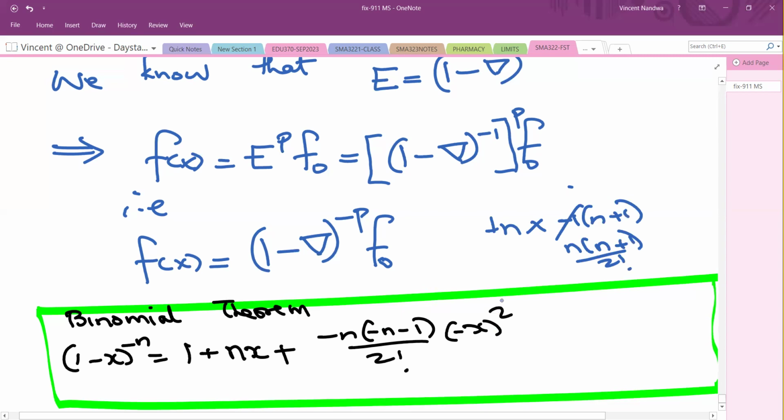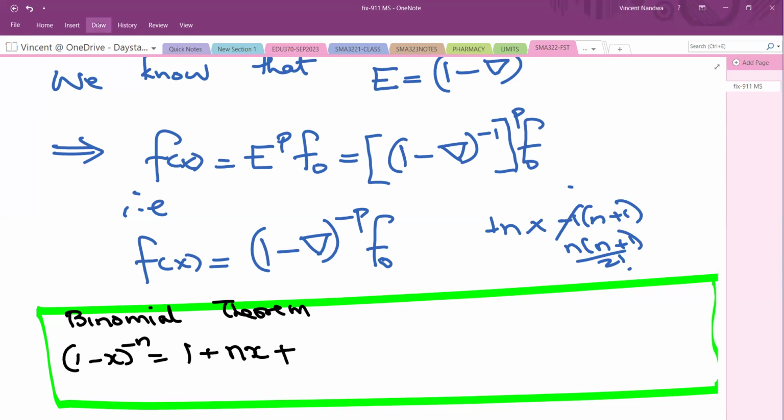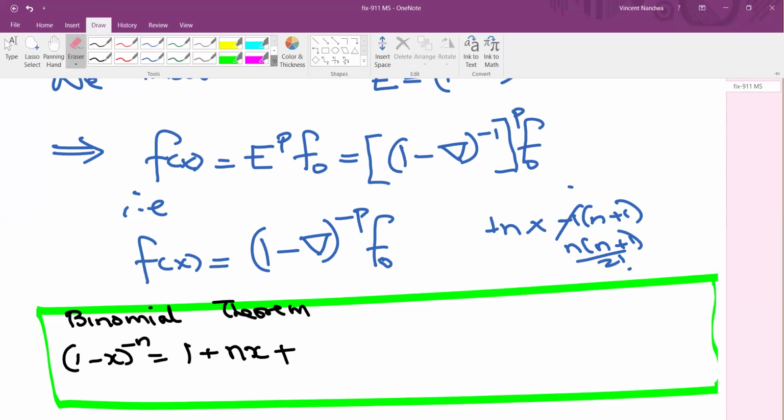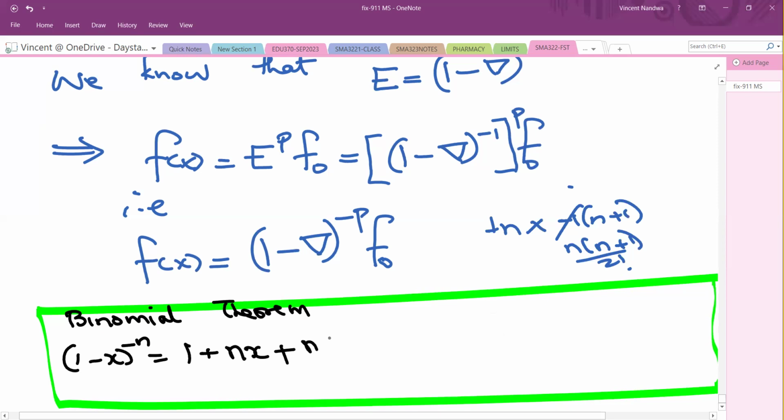When I square negative x, I get positive x squared. So the third term of this expansion will be nothing but n into n plus 1 divided by 2 factorial times x squared. What will be the next term?